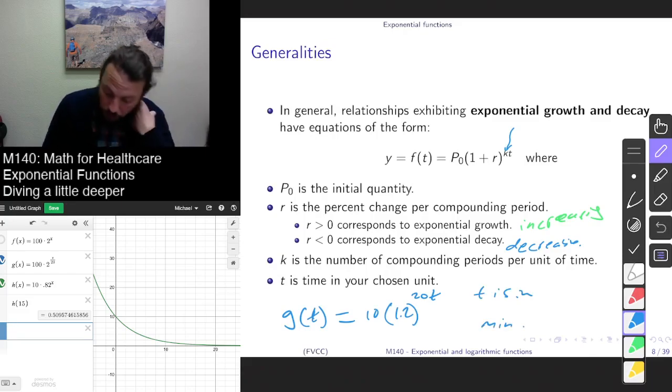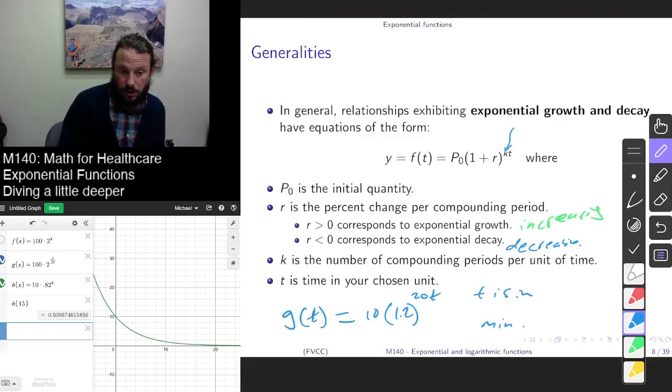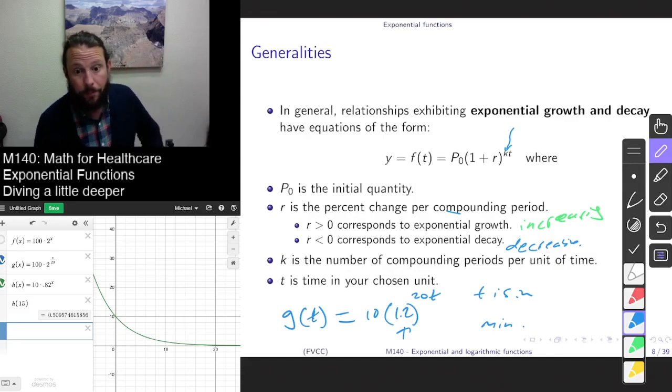We've got r greater than 0, our base is greater than 1, so we have exponential growth here. Now our k is 20, so that means this growth happens 20 times every minute. It's kind of the opposite of what we saw in the beginning, and that's what we mean by k.